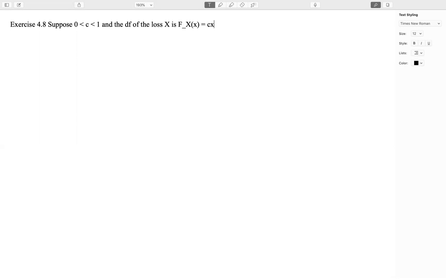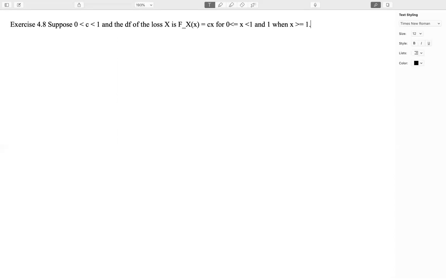It's c times x for x greater than or equal to 0 and less than 1, and 1 when x is greater than or equal to 1.